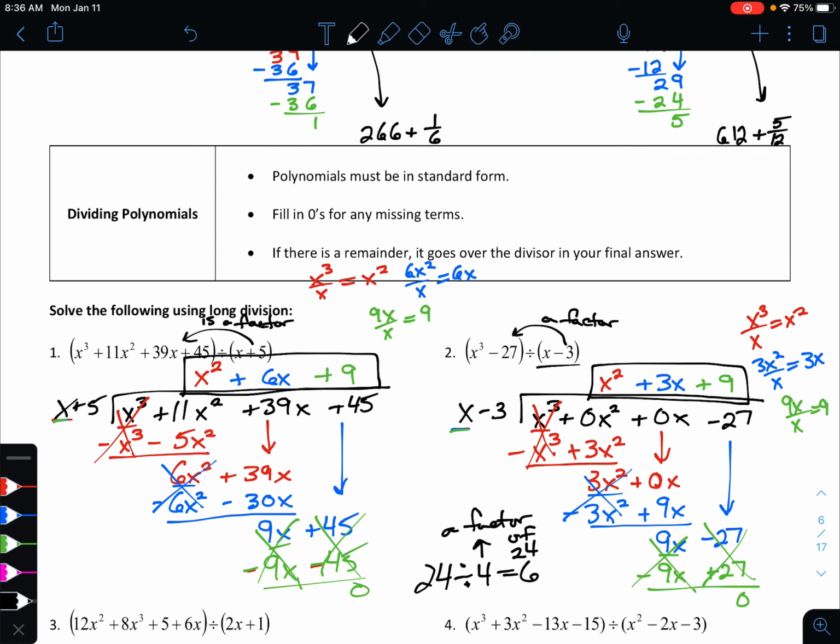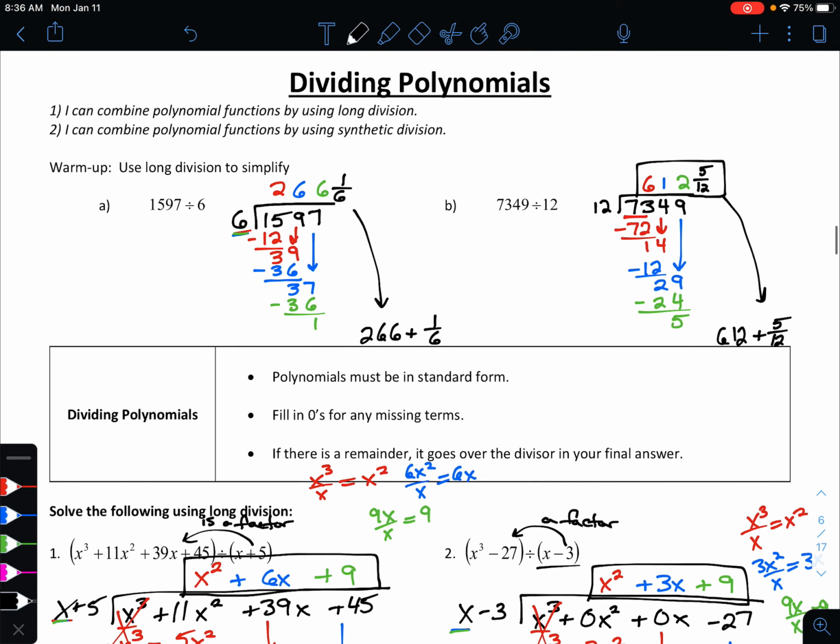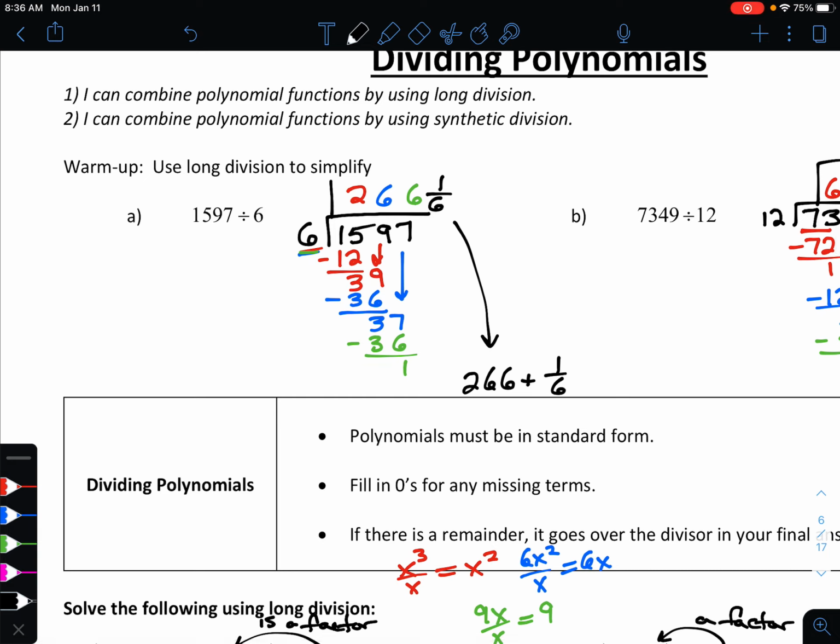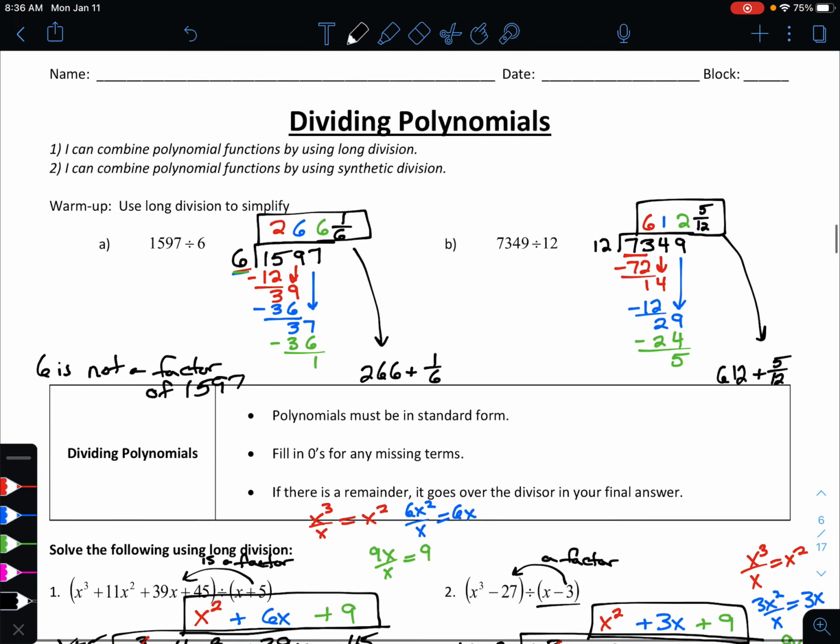So obviously, if you get a remainder, then it's not a factor. So like on the warm-up part A right here, then you'd say that 6 is not a factor of 1,597.